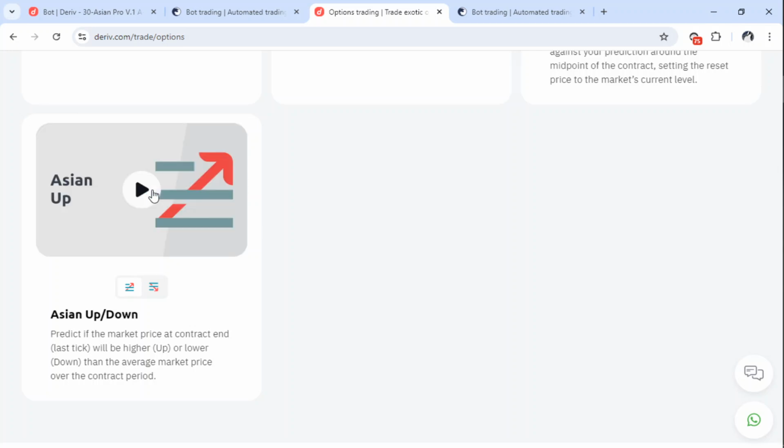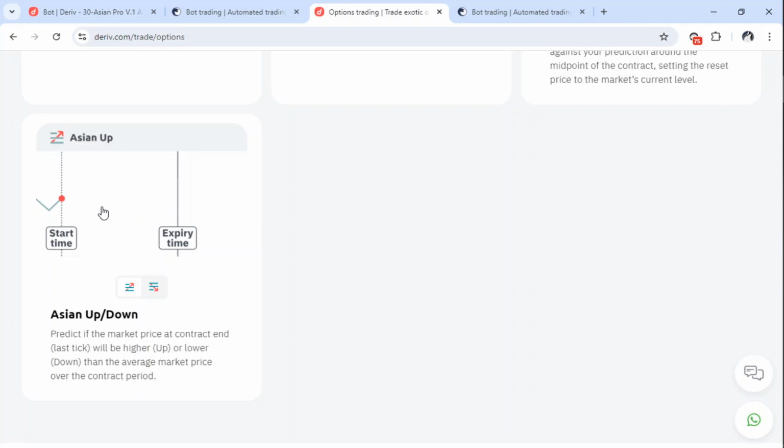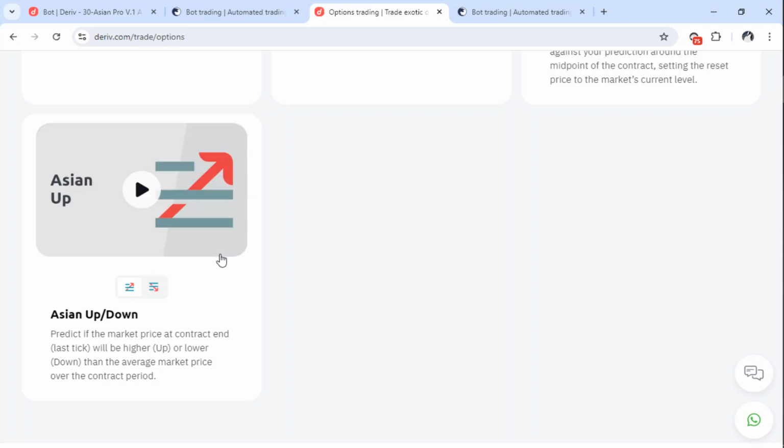If the average of the ticks moved is lower than the entry, you need to have it up here. Alternatively, if it's down, you're going to lose. If it's almost here, you're going to lose, as shown in that GIF snippet.